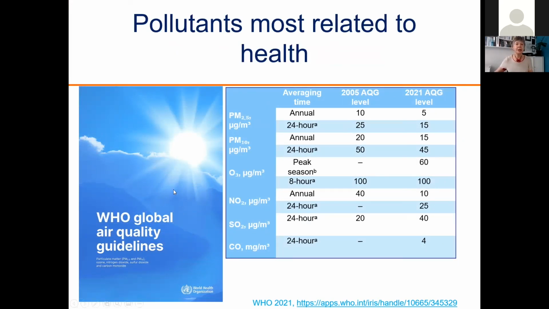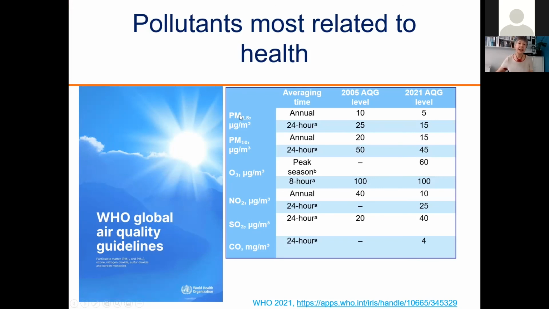In September this year, the WHO, the World Health Organization, announced new global air quality guidelines. This is the most important document in the world, in which assessment has been done in relation to the impacts of pollutants on health, and therefore what are the guideline levels, which means how low we should go to minimize the impact on health.